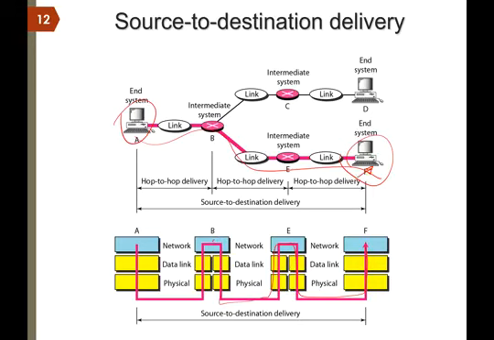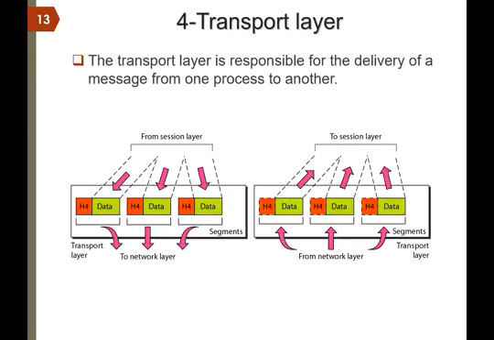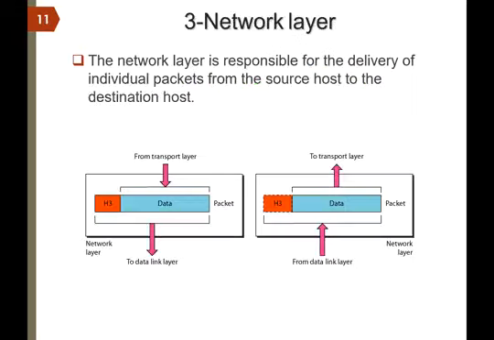But now at the destination, there are many applications running on this computer. So which application will receive the data? That's the functionality of the transport layer. So the transport layer is responsible for delivery of a message from process to process. Okay, here we have host to host.